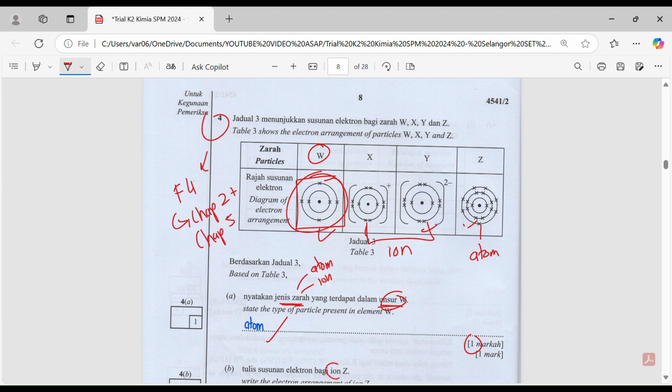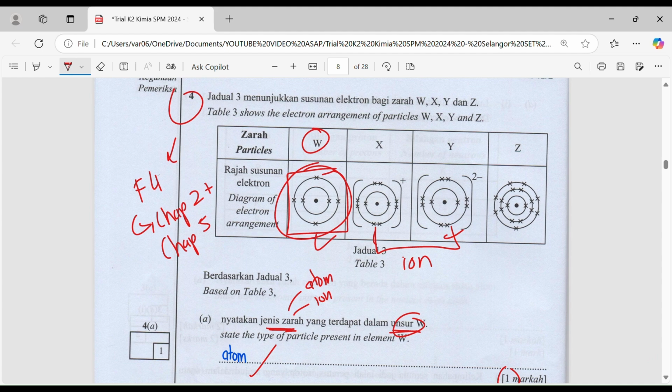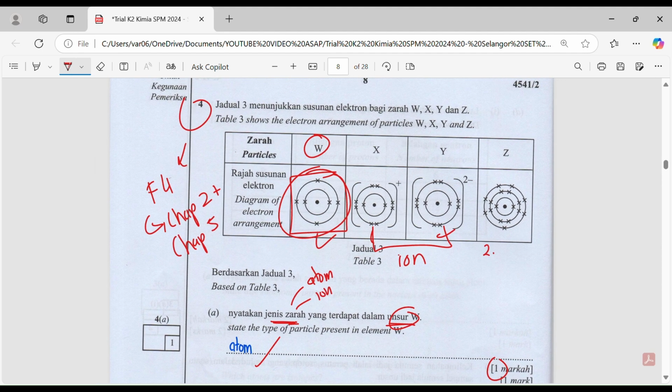Next, write the electron arrangement for ion Z. That's right, its electron configuration. 2, 8, 7. Right? Again, there are 2 possibilities. Either it gains 1 electron or it loses 7 electrons. Which one is fairly easy? Gain 1 more electron. So in this case, its proton number will be 17.